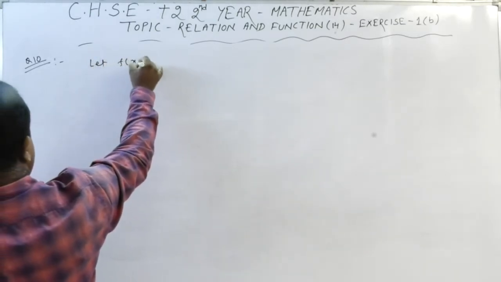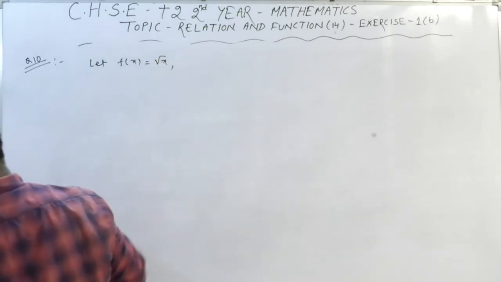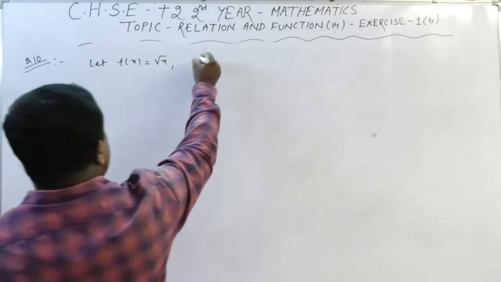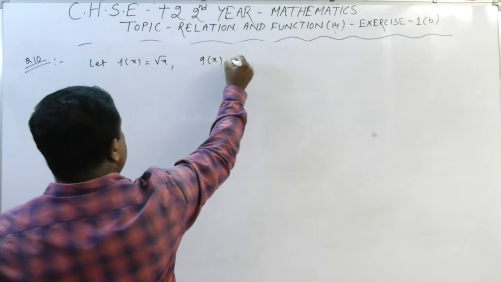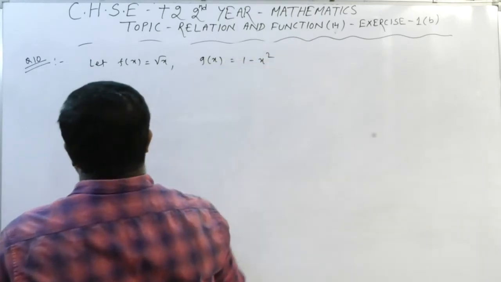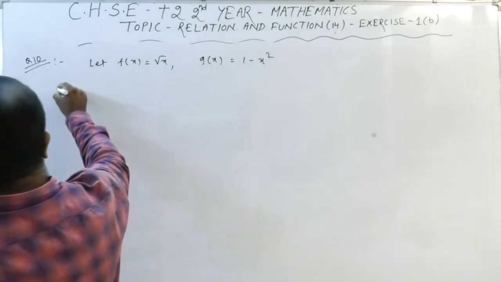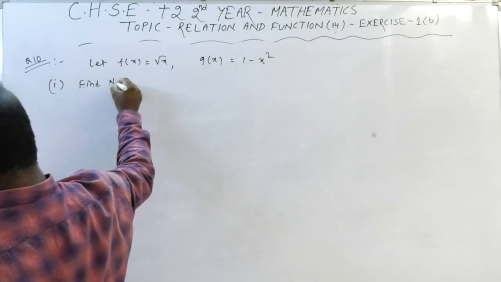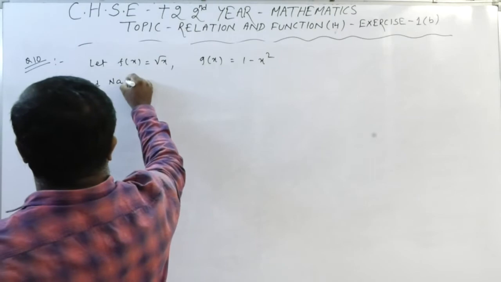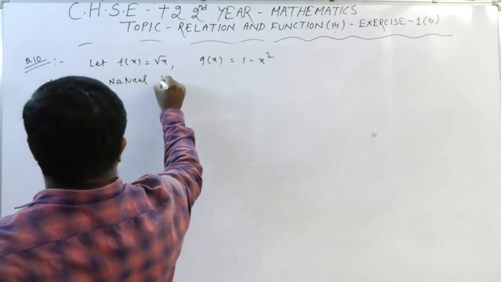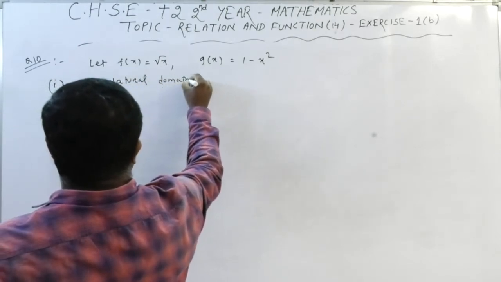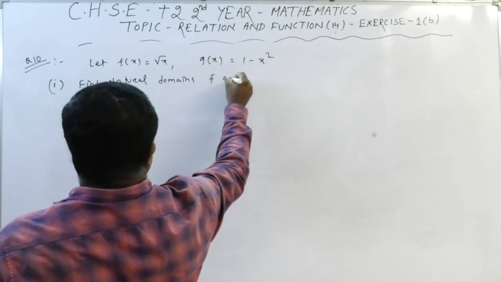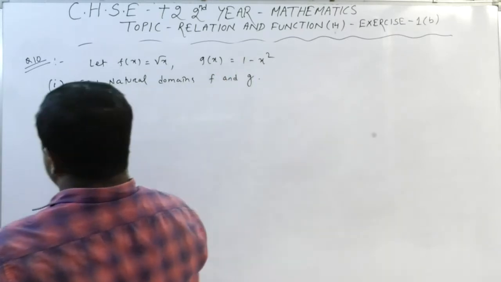Let f of x equal root x and g of x equal 1 minus x square. That is given. Find the natural domains of f and g. Means we have to find the domain of both functions f and g, that is one part.